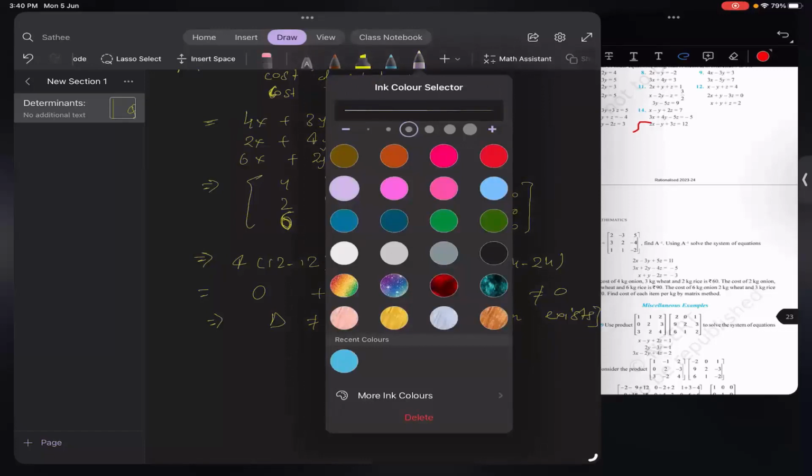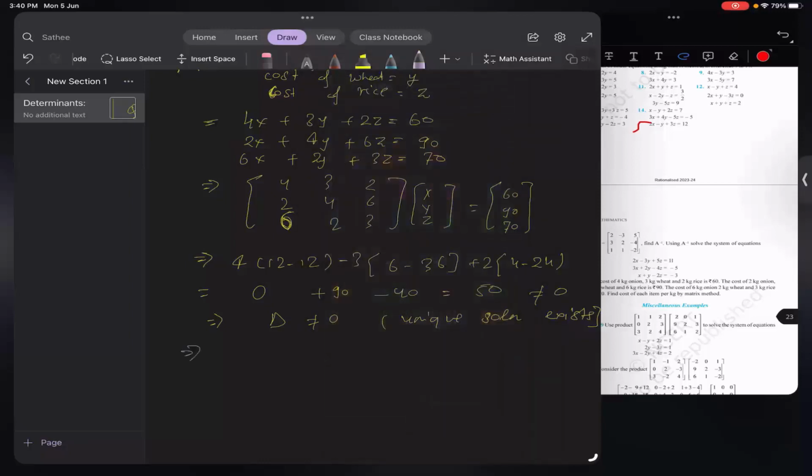Okay. Since a unique solution exists, we can also find that unique solution. So all you have to do is find the cofactor matrix. So firstly let's find the C matrix. So C matrix is basically our cofactor matrix. So this would be 0, and this would be 30, and this would be minus 20. This would be minus 5, 0, 10.